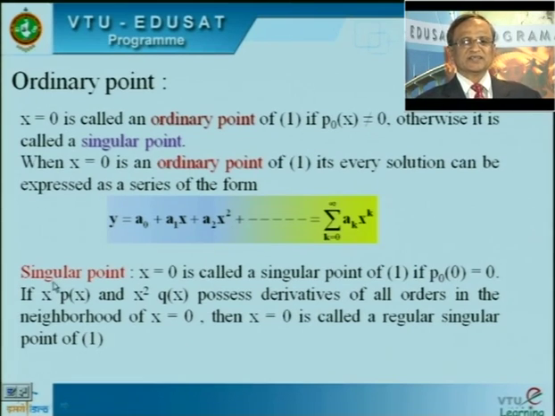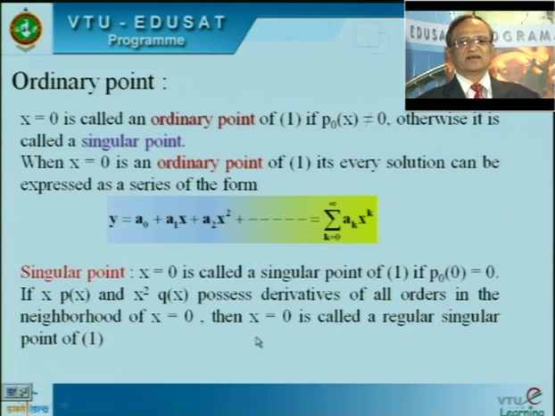As I have mentioned, sometimes x is equal to 0 is a singular point of the given equation. It is understood that the polynomial is equal to 0, and if x into p of x or x square into q of x possesses derivatives of all orders in the neighborhood of x is equal to 0, then x is equal to 0 is called a regular singular point.